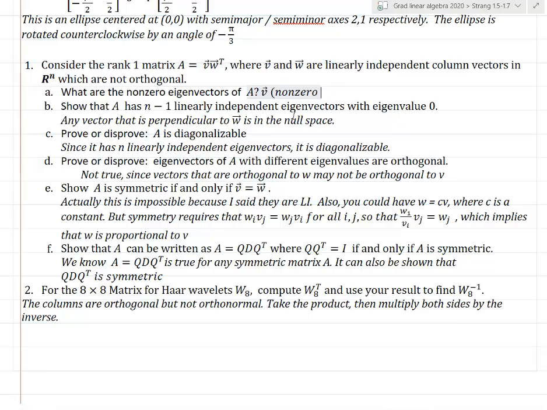Okay, V has a non-zero eigenvalue. And then all vectors orthogonal to W are also going to be eigenvectors.